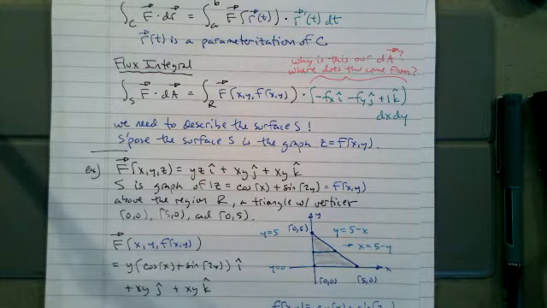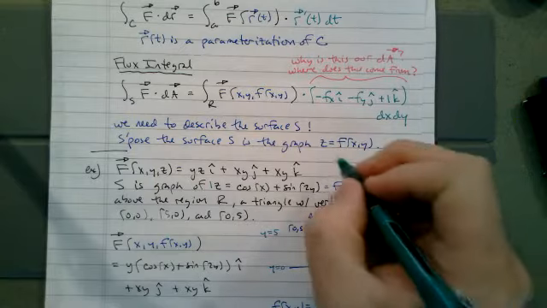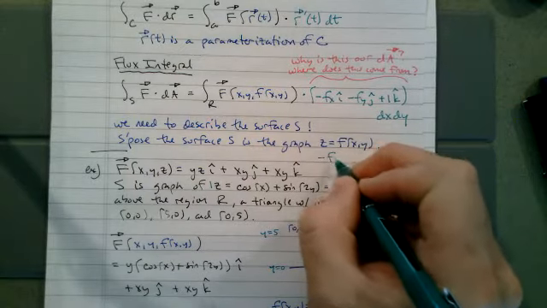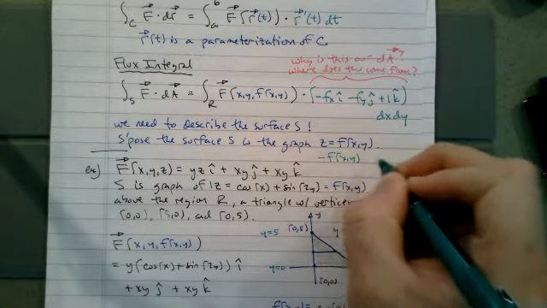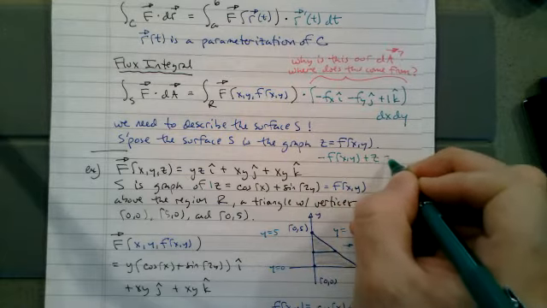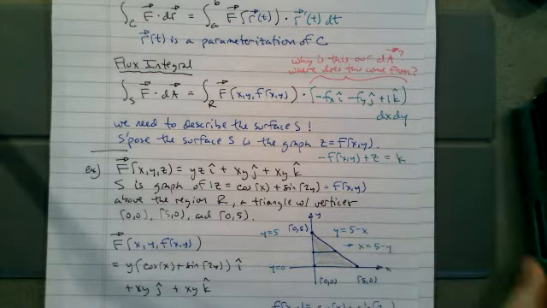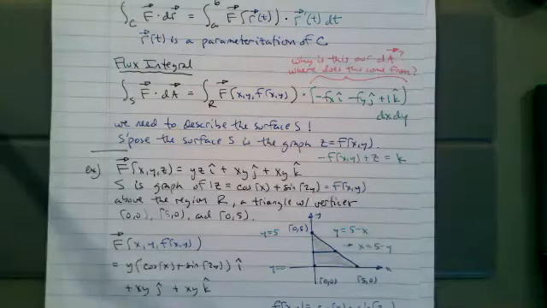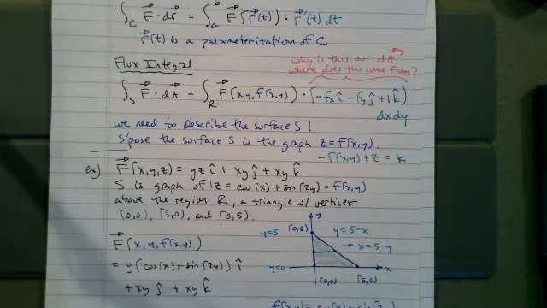So imagine the surface. Imagine the surface minus f at x, y plus z equals some constant. So imagine those surfaces. So even though z equals cosine x plus sine 2y, we're reading it as the surface minus cosine x minus sine of 2y plus z equals some constant.